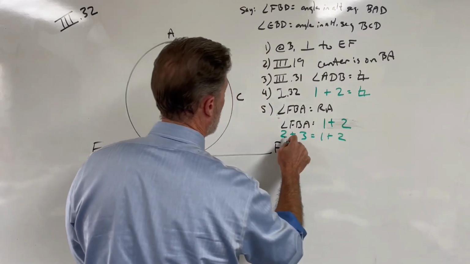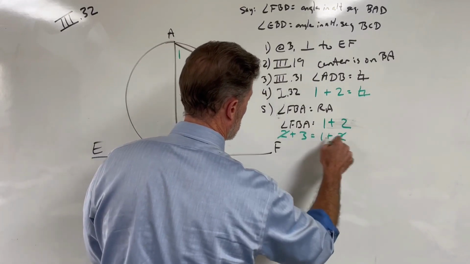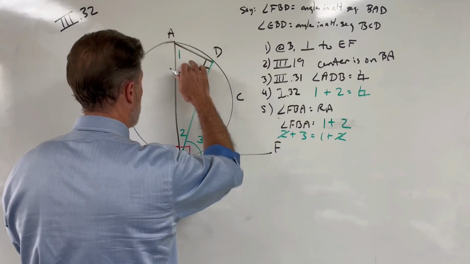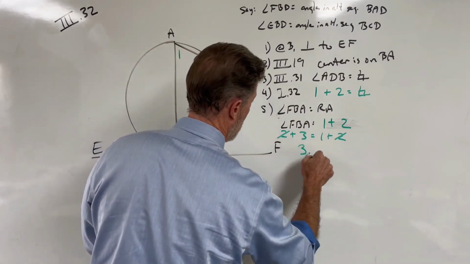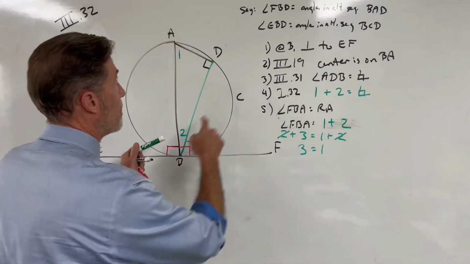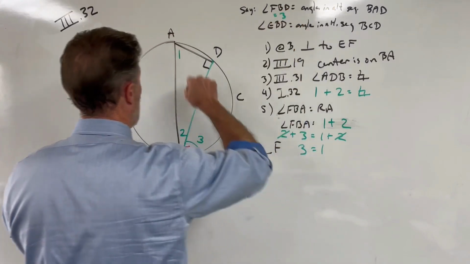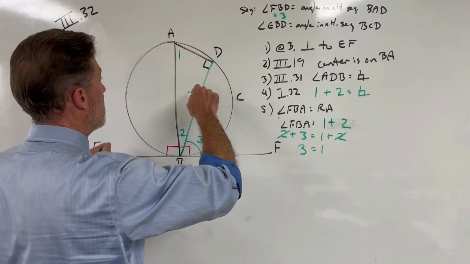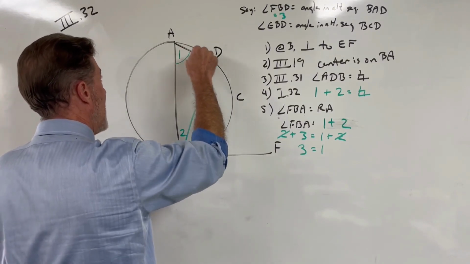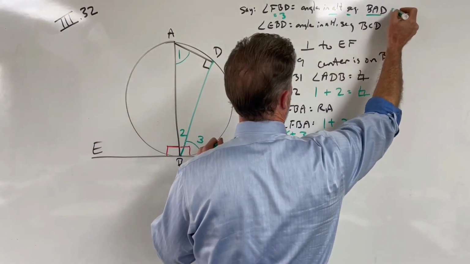Well, now we can use common notion 3. Since these both contain angle 2, we can remove equals from equals and the remainders are equal. Therefore, the angle that remains, angle 3, is equal to angle 1. But notice angle 3 is FBD, and angle 1 is the angle contained in the alternate segment, BAD.